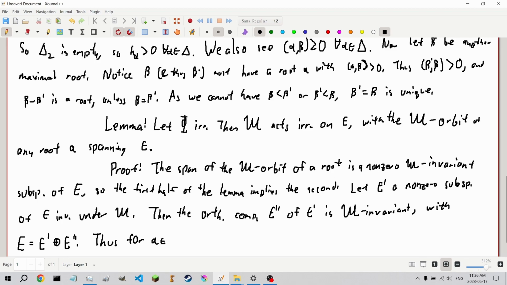Thus, for alpha in phi, either alpha lies in E prime, or E prime is contained in the orthogonal hyperplane of alpha, since the reflection of E prime under alpha is going to be E prime, by an exercise which we're not going to do in this video.